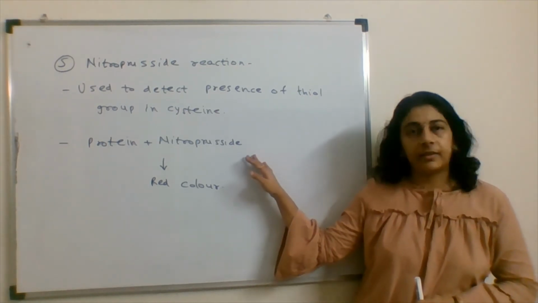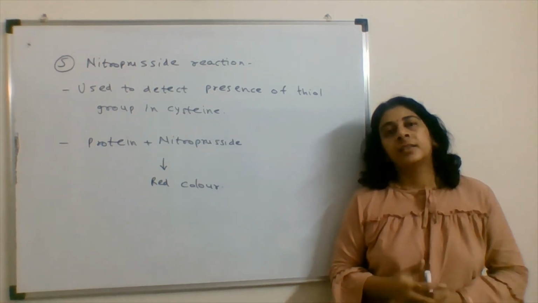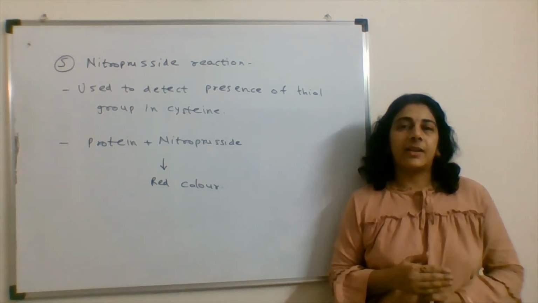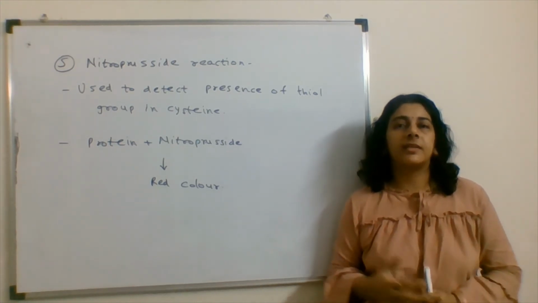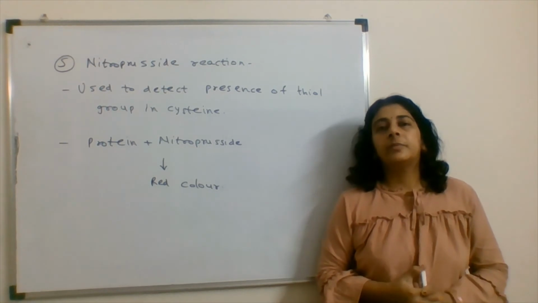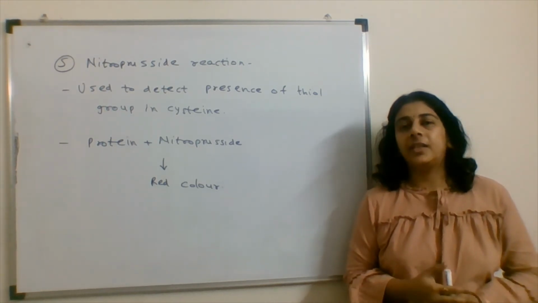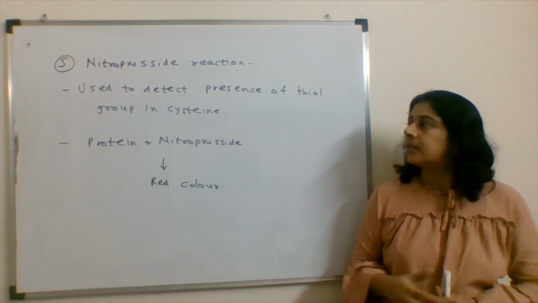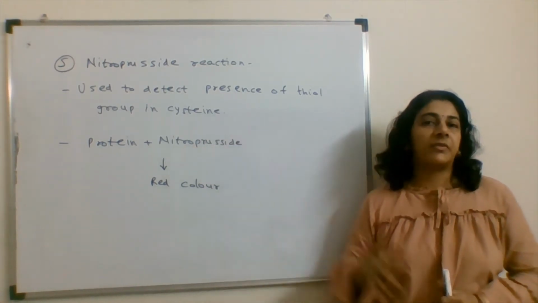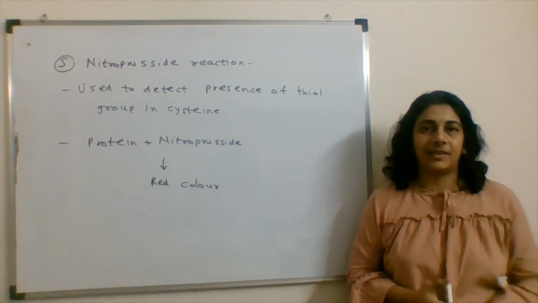When protein reacts with this nitroprusside, if it gives a red color, then it is detected that it is having some thiol group in its amino acid chain. In all there are two amino acids which are having sulfur, methionine and cysteine. This test is specific for cysteine. It is used to understand the presence of cysteine.